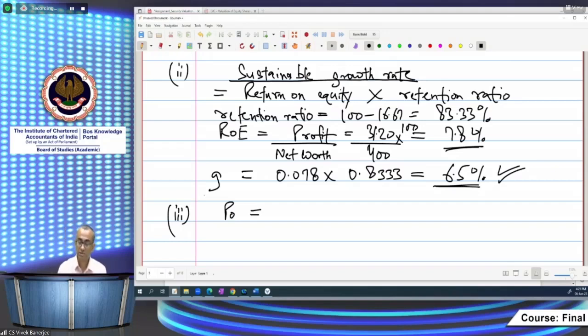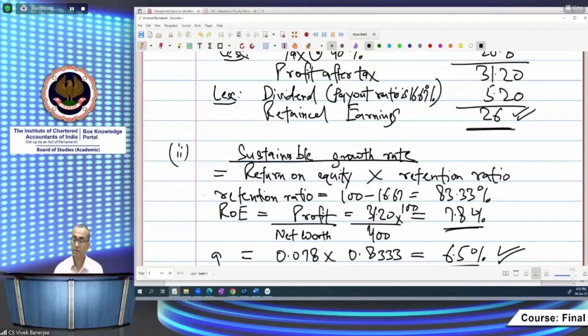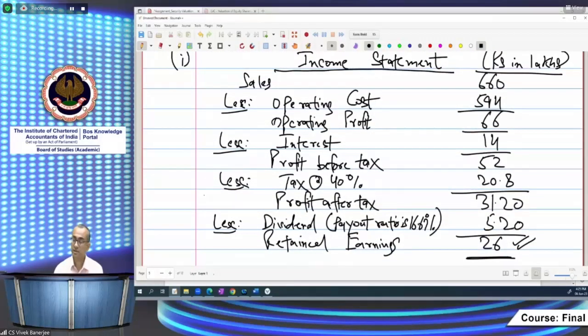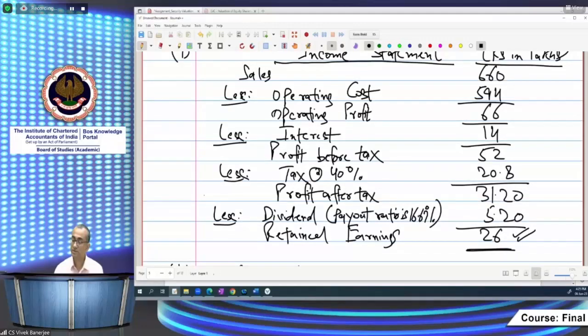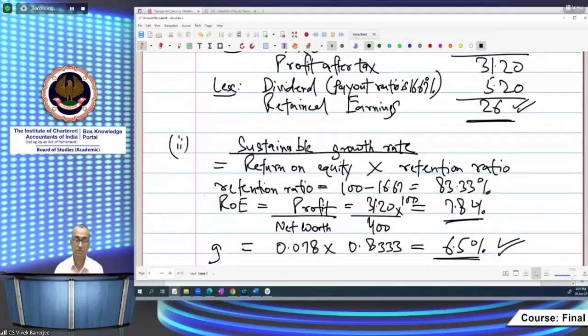So the formula is, P0 is equal to D0 into 1 plus G upon KE minus G. So dividend, we have just arrived at 5.2, but it is in lakhs. It is 5.22 lakhs, 5,20,000. So we have to get this figure on per share basis.